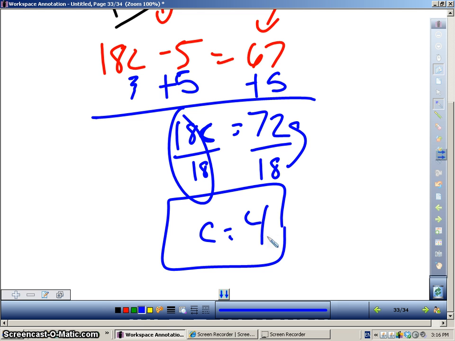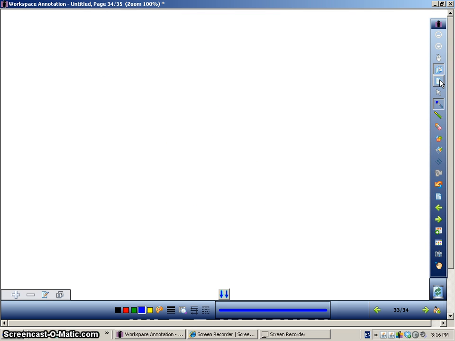The other type of problem is what we just covered today, and that's when we have variables and things like that that are trapped, like I talked about in my lesson. They're trapped by division. So let's take a look at this one.